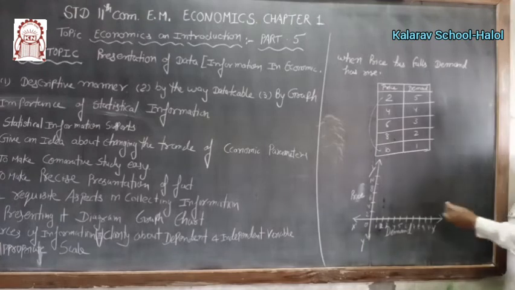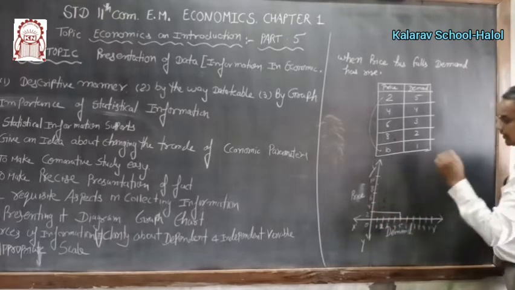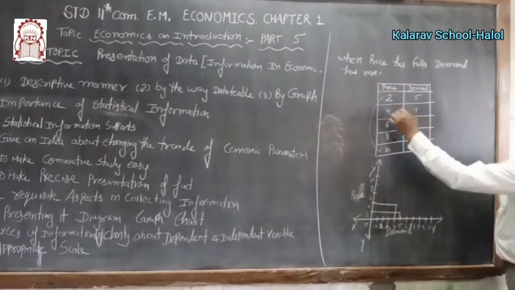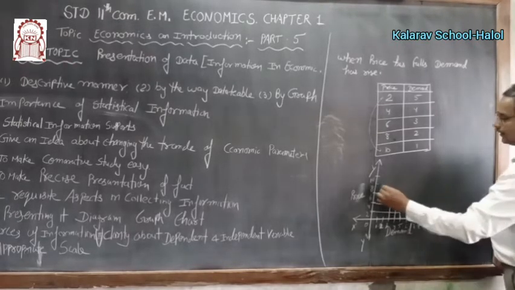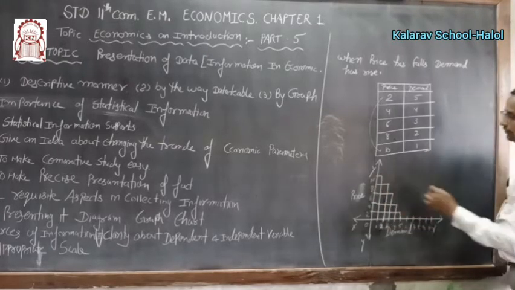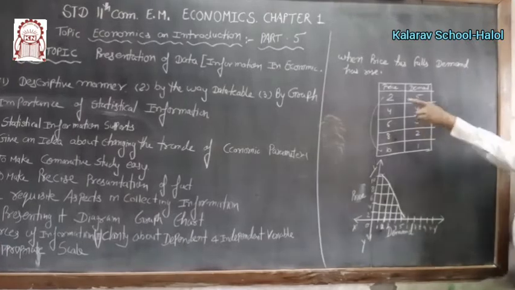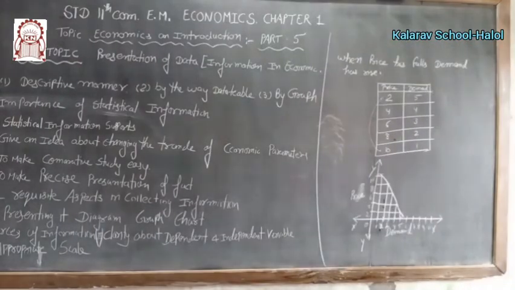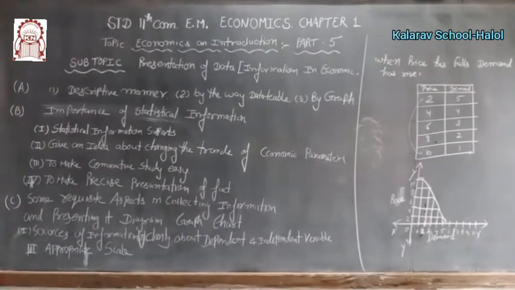Okay, now see, at 2 unit price, demand is 5, up to here is the demand. At 4 unit price, the demand is 4. At a price of 6, the demand goes down further. Okay, when the price became 8, the demand decreased further, it became 2. And at 10, only one person. Here, if you look, this slope is going downward this way. So this is called the graphical presentation of economics.